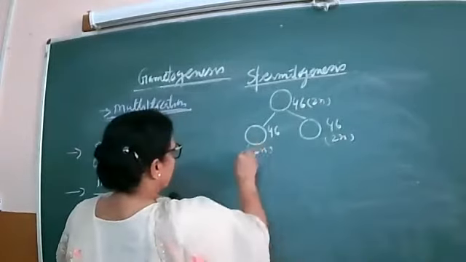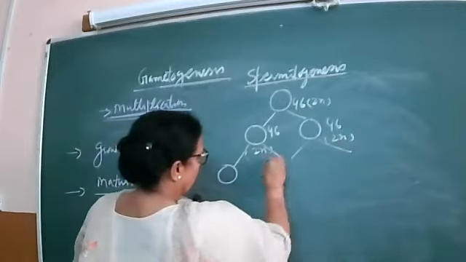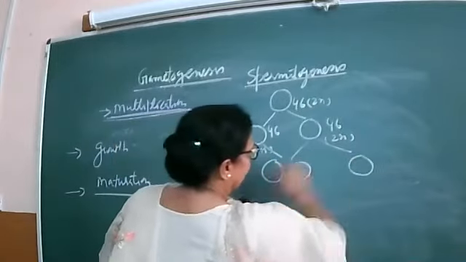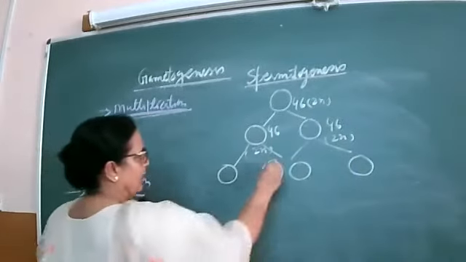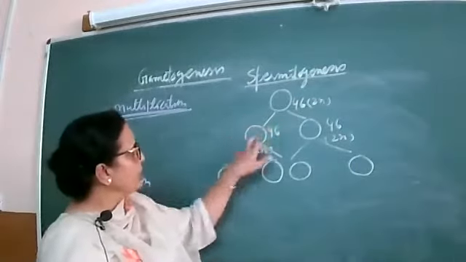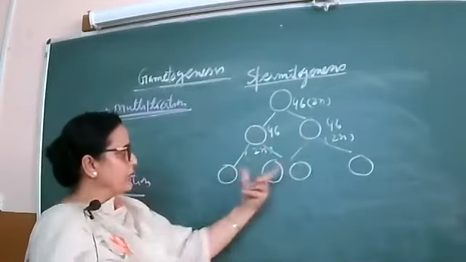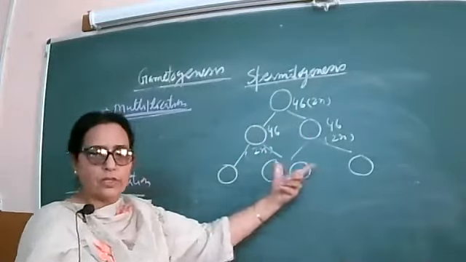Further, when these two cells divide, equal sized cells will be formed, so from the one cell, two cells, then four cells are formed.